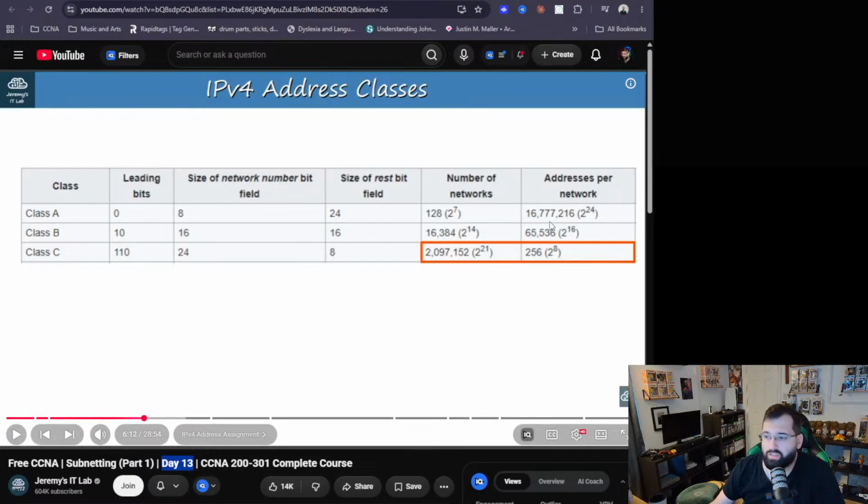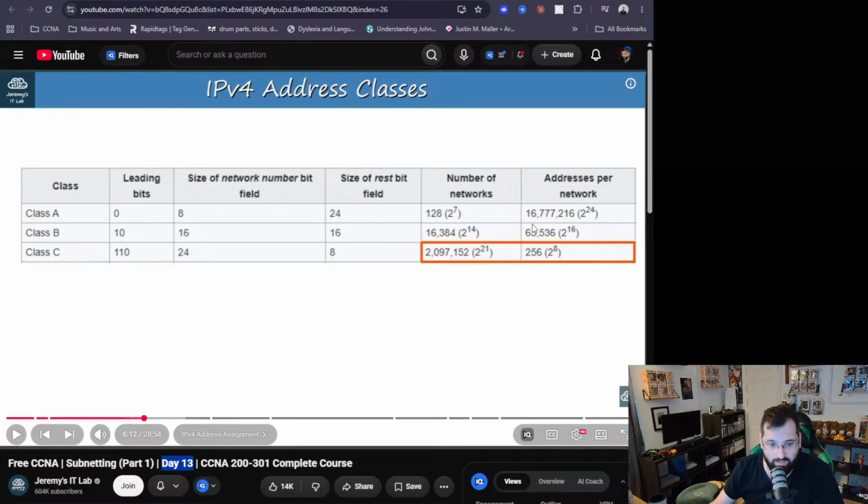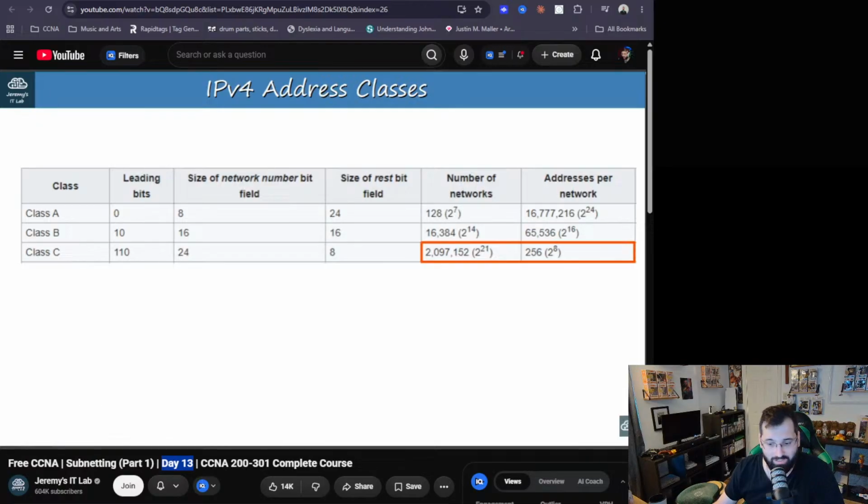So the reason why these numbers are huge, but yet not huge at the same time, is that 16 million Class A addresses sounds like a lot. But then when you consider that every major corporation, every business is going to have a website, and that means that every single one of those websites must have an IP address, that means that there can only be 16 million or so businesses with a website, right?